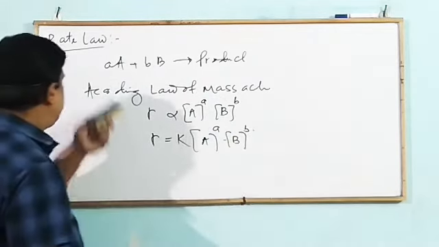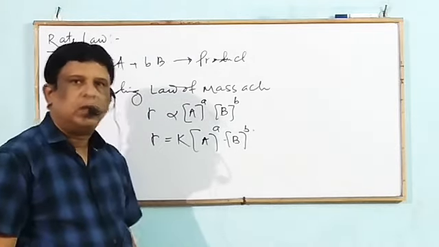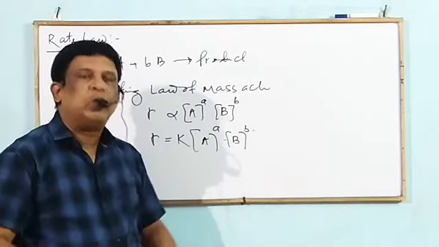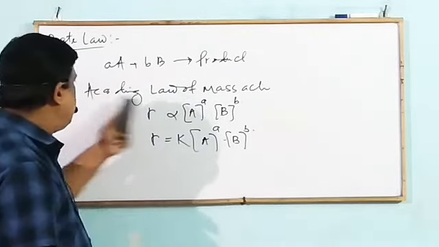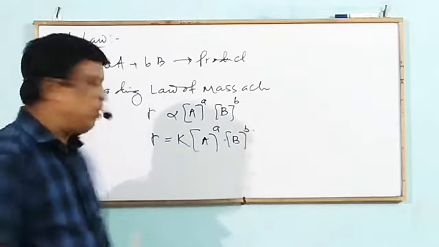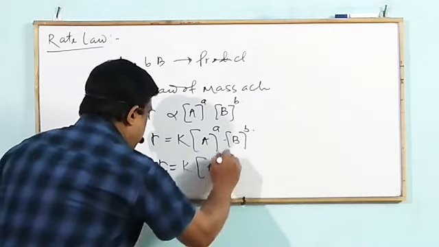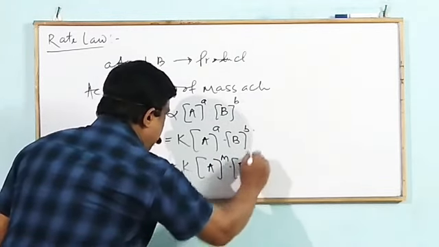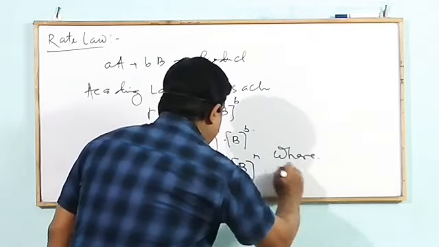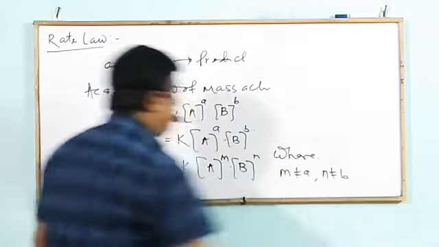And this is also equivalent to the rate law. But suppose it is a complex reaction, that means it completes in more than one step. Then according to the law of mass action it is this one, while according to the rate law, R = k [A]^m [B]^n, where m is not equal to a and n is not equal to b.